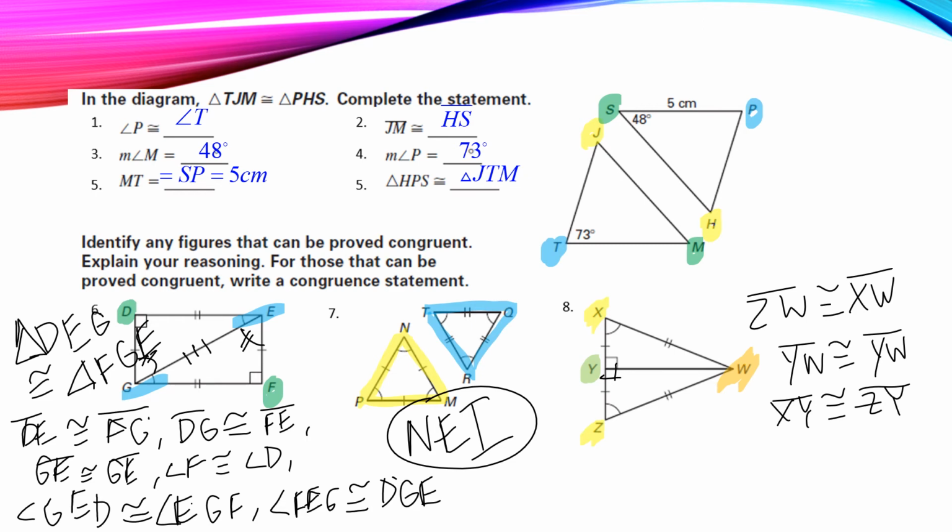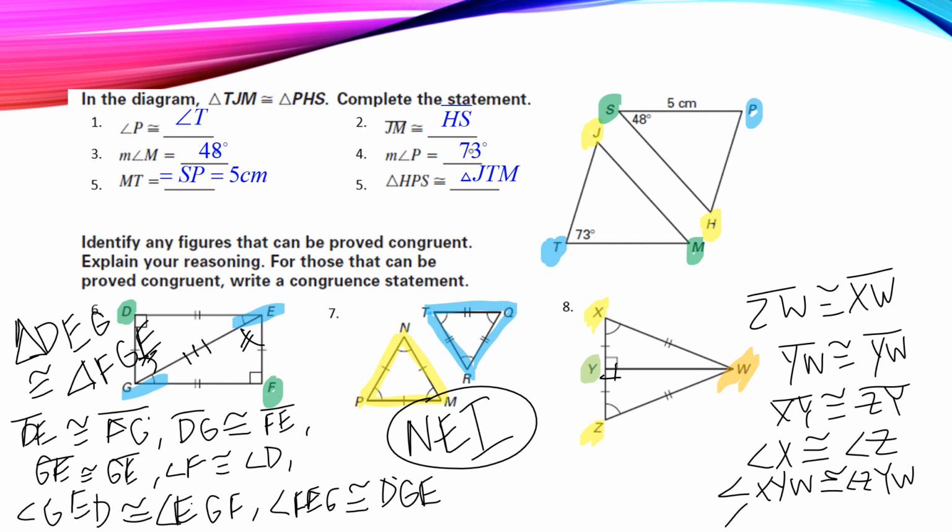Then our angles. So angle X is congruent to angle Z. We know that because they have the same tick marks. Now we have to use 3 letters there with the vertex in the middle. So we can say that XYW is congruent to ZYW, angle ZYW. Y is the vertex, so it has to be there.